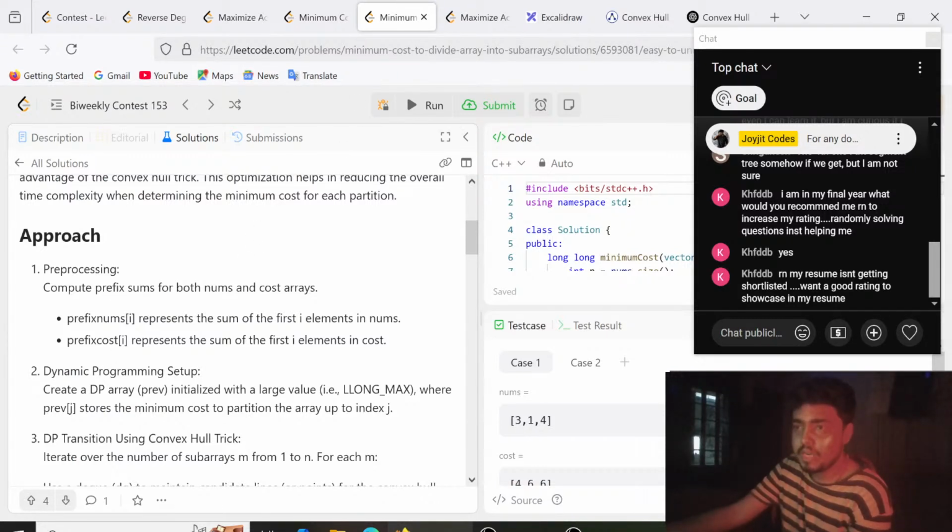Now the dynamic programming setup: create a DP array previous, initialized with a large value, that is long max.